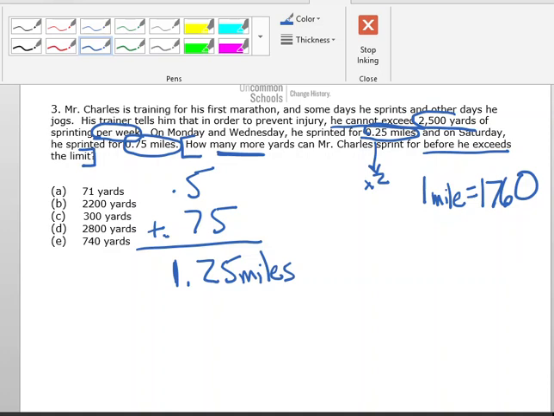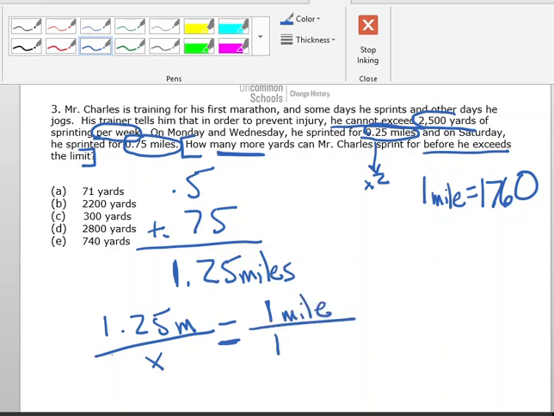Okay. And so what I'm going to do is put 1.25 miles over x, because I'm not sure how many yards that is. And then I'm going to put 1 mile over 1,760. I'm going to cross multiply, and I'm going to go 1,760 times 1.25.